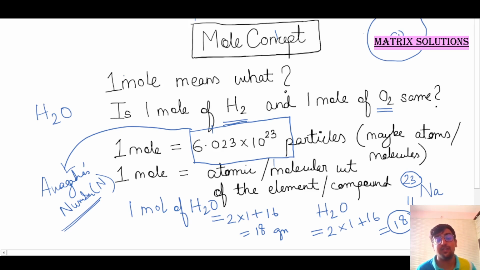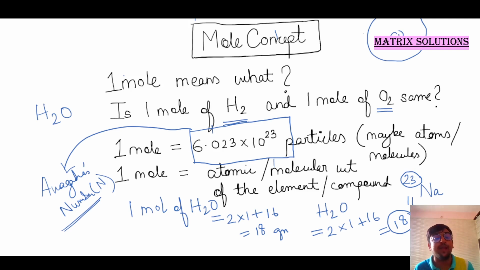Two atoms of 1 each, so 1 mole of H2 has a weight of 2 grams. But 1 mole of O2, what is its weight? 2 into 16, that is 32. So 1 mole of O2 will weigh 32 grams. So we can't make that comparison in the case of weight. But in terms of the number of particles or molecules, we can say they're numerically equal, but not in the case of weight.